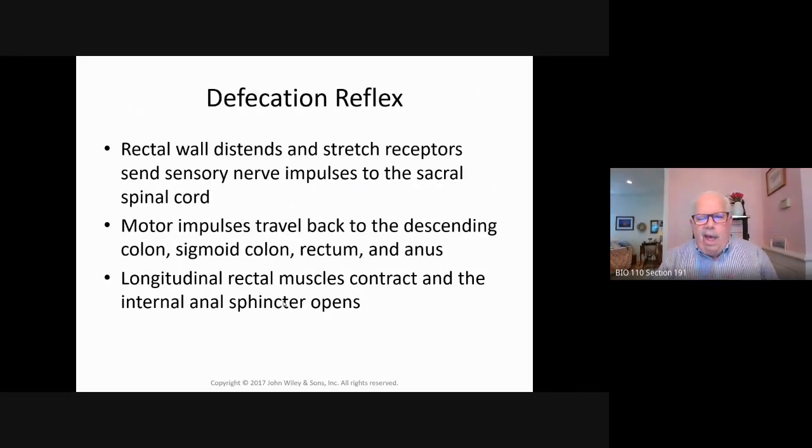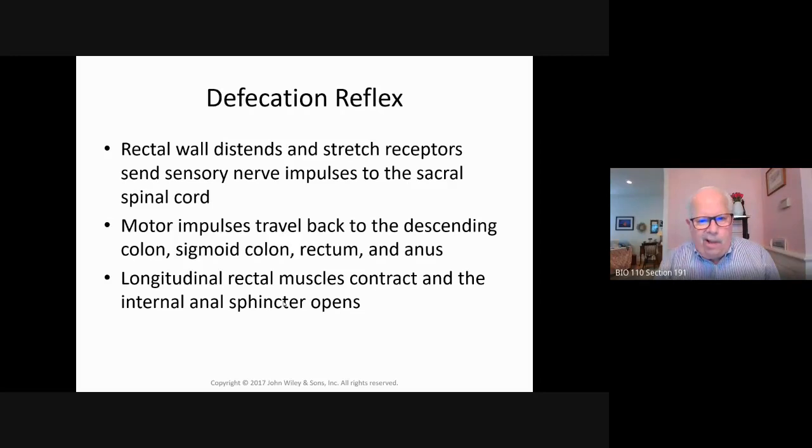The defecation reflex. We bring the brown to the bowl. The rectal wall distends. The stretch receptors send sensory nerve impulses to the sacral spinal cord.